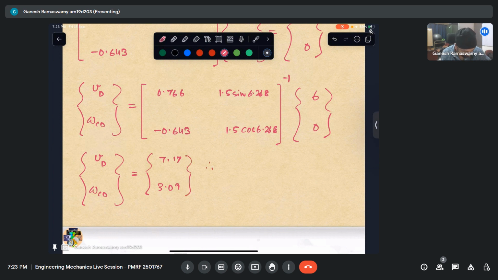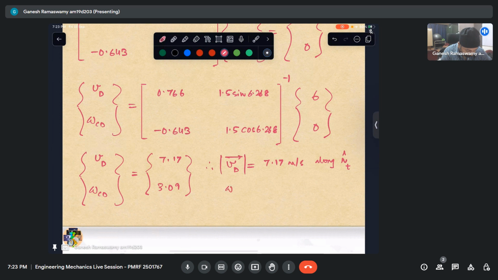The magnitude is nothing but 7.17 meters per second, and this is along NT cap from the diagram. And omega CD has come out to be positive, which implies that the direction we took is correct.